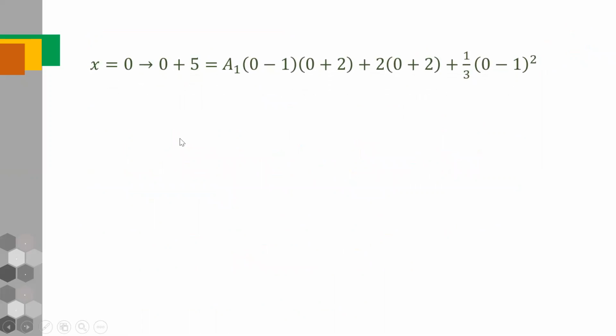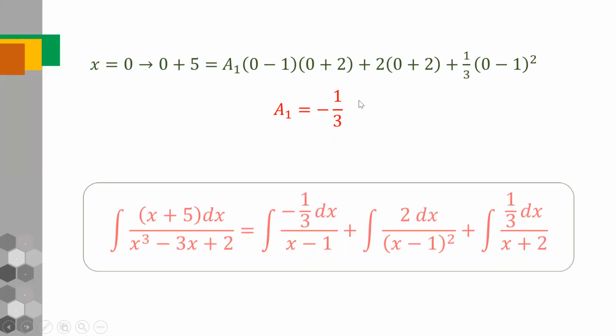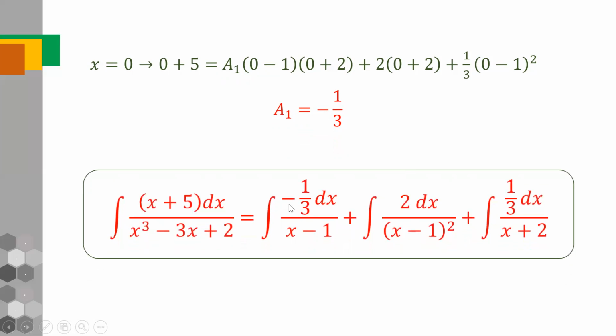If x is 0, I can compute for a1 by substituting 0 in our equation, and the value of a1 is equal to -1/3. So this means we have solved the three coefficients in the numerator: -1/3, 2, and 1/3.